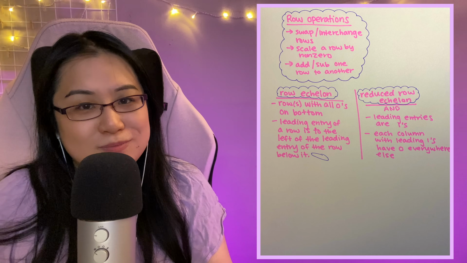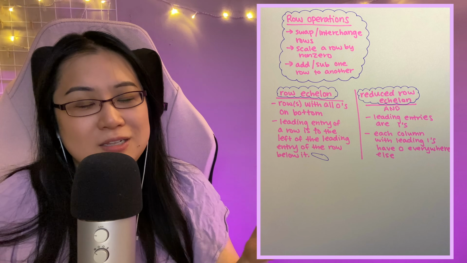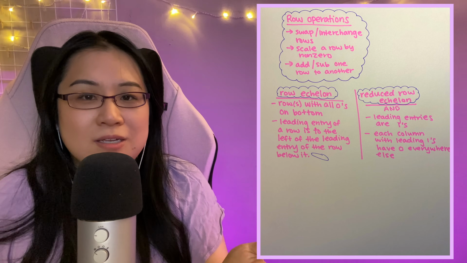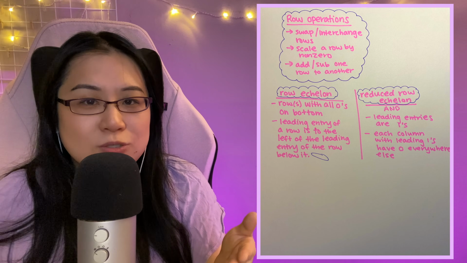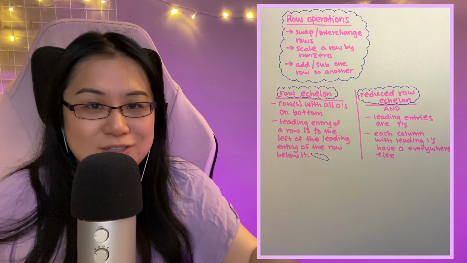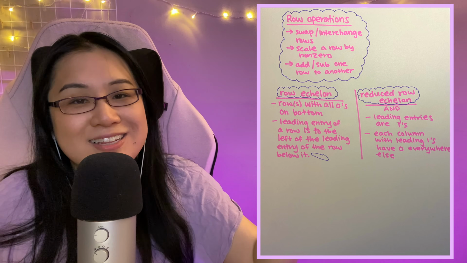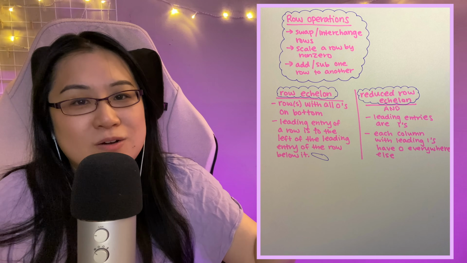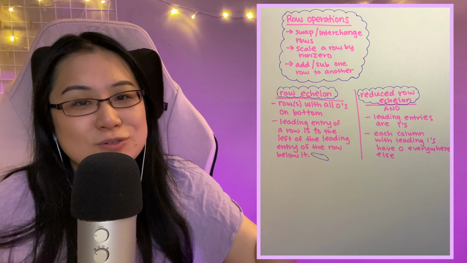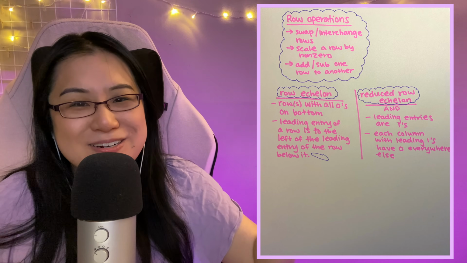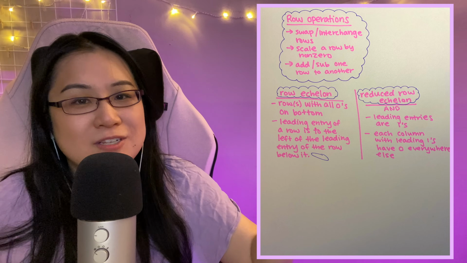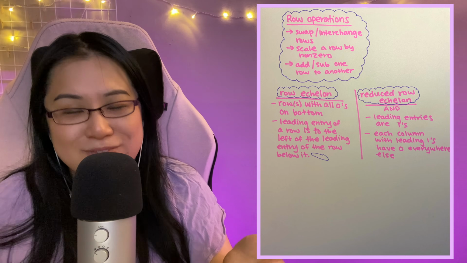You can start from the bottom right and move up. So you could say the leading term at the bottom, besides the 0 rows, is always to the right of the leading term of the row above it. Or you can start at the top left and say that the leading term of a row is to the left of the leading term of the row below it, if that makes sense.